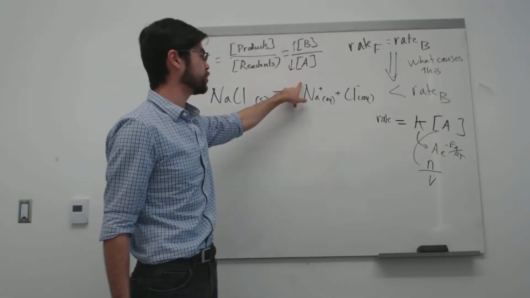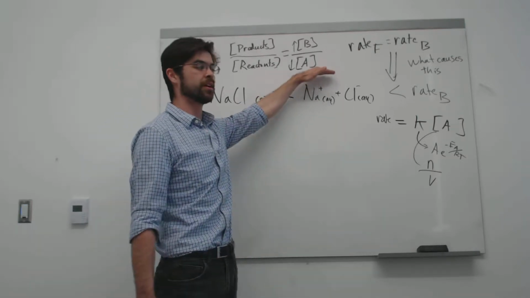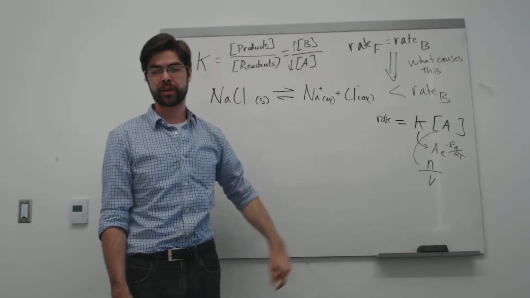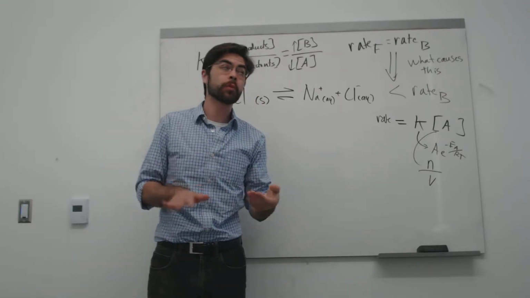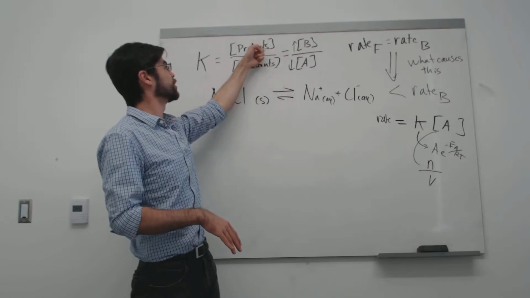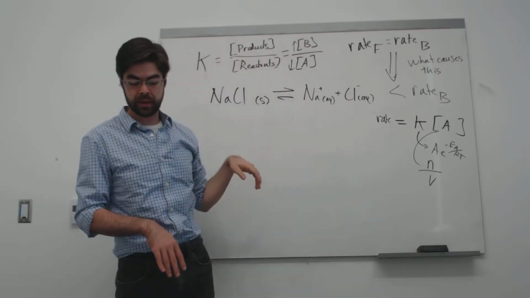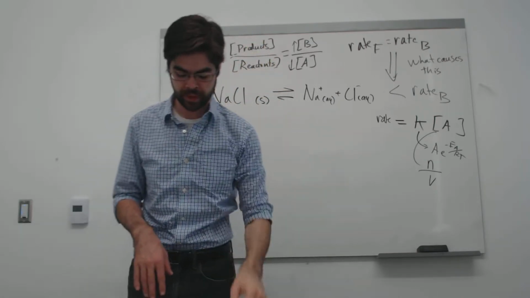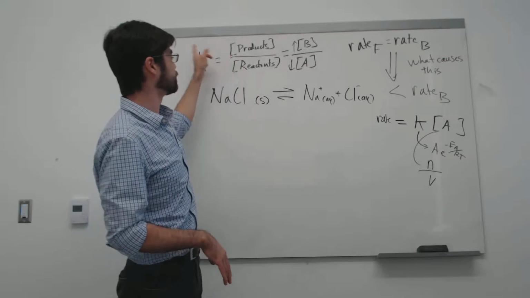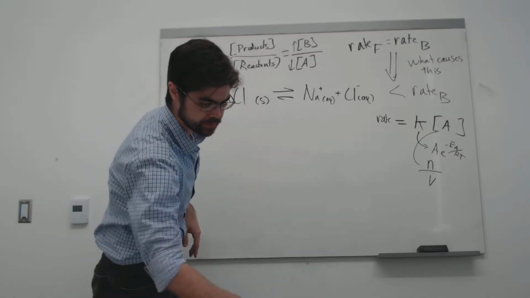Or if I somehow lower the concentration of a product, I've lost product. Now I have fewer products available than would be required for my quotient to be equal to the equilibrium constant.